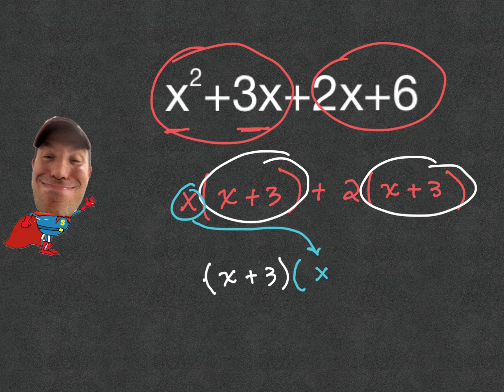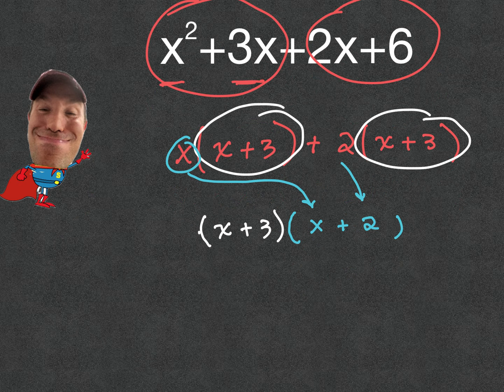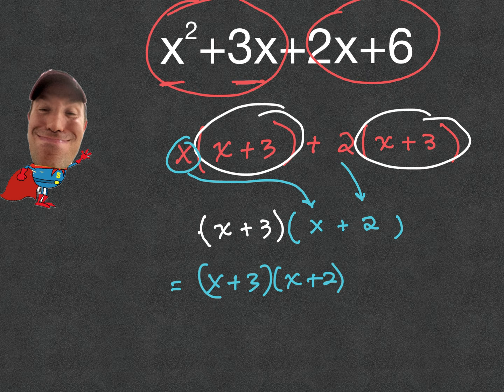There's an x. Parentheses, what is left here? A plus 2, okay? So my answer is going to be x plus 3 times x plus 2. And if you've been following my channel, that's definitely going to be x squared plus 5x plus 6, okay?